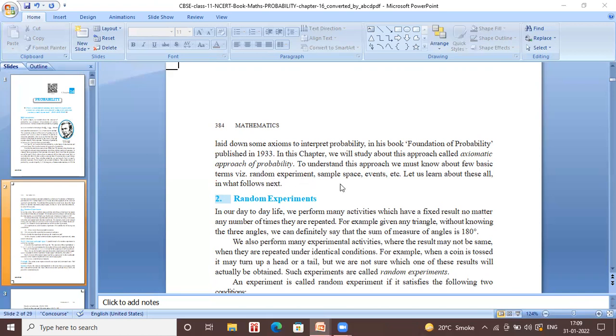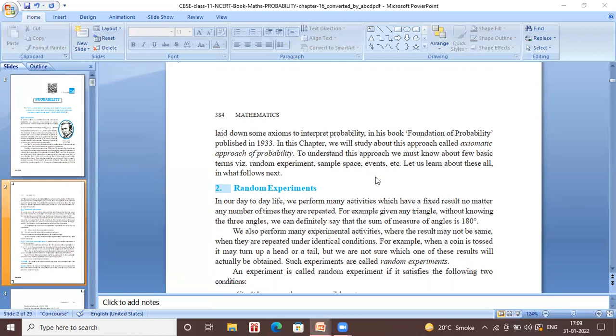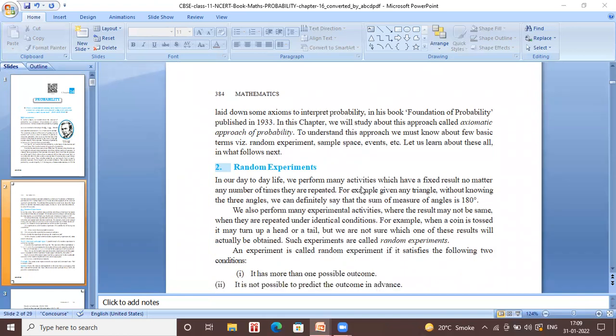The second term is sample space. Then the third one is events. Exercise 16.1 is based on these three terms. Questions are based on random experiment and sample space, and then in 16.2 we have to find out events. Now let us learn about all these terms.